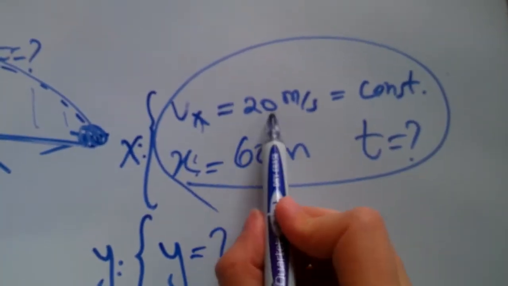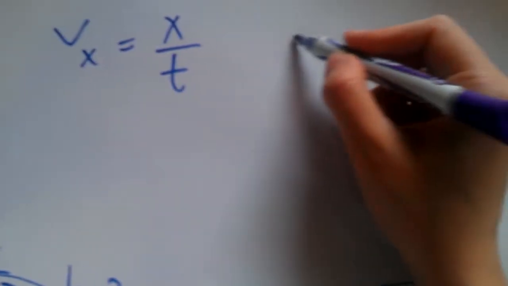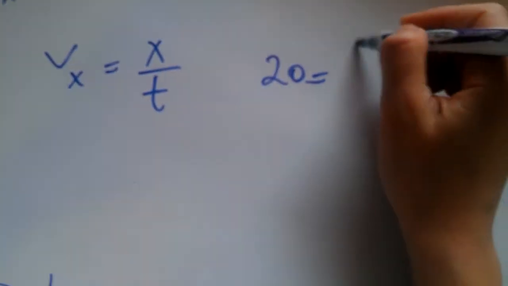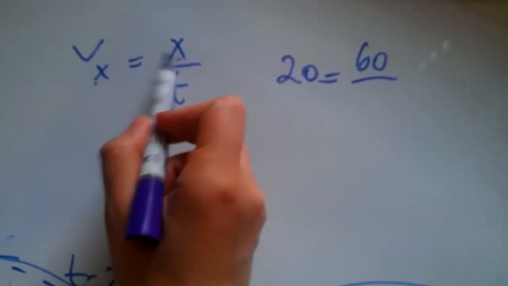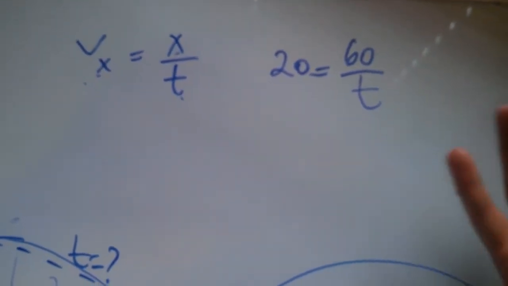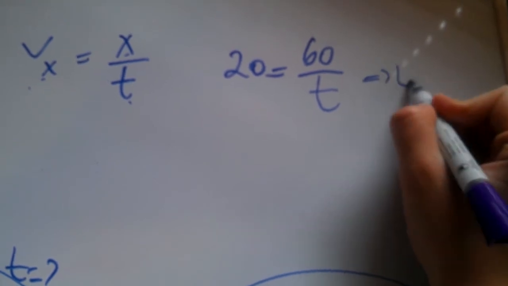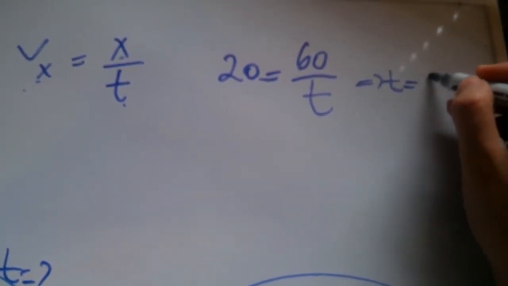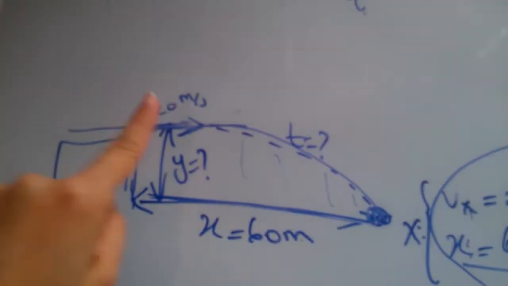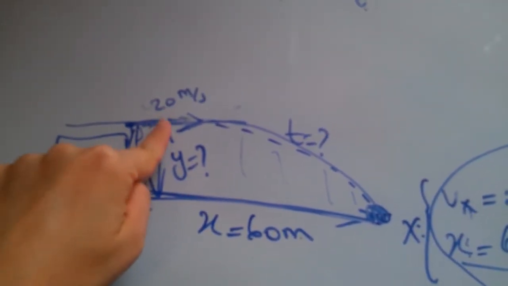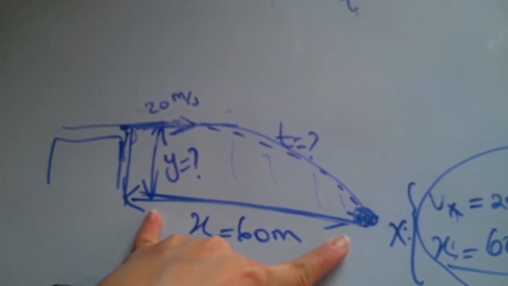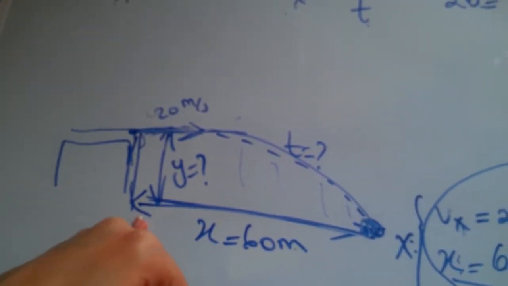I already know my velocity, and I already know my distance. All of the X's go together, and I'm wondering how long it will take. Therefore, time equals 3 seconds. So it takes the ball 3 seconds to get off the table and hit the floor, and it lands 60 meters away from the leg of the table. Okay?